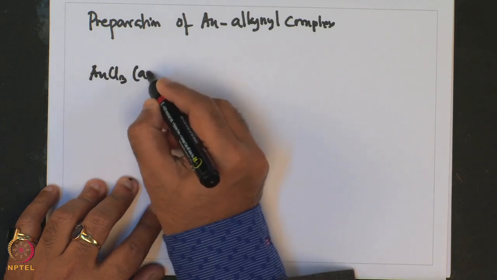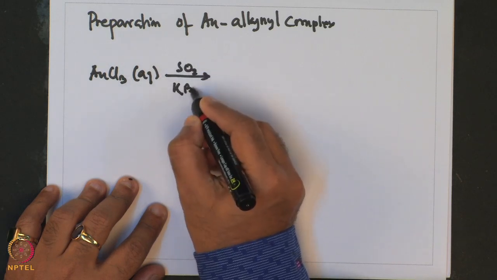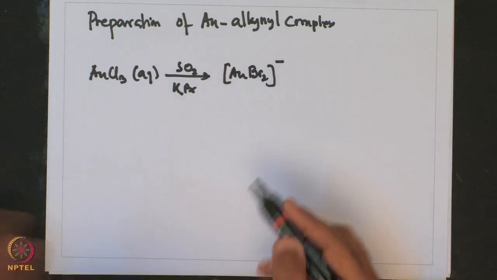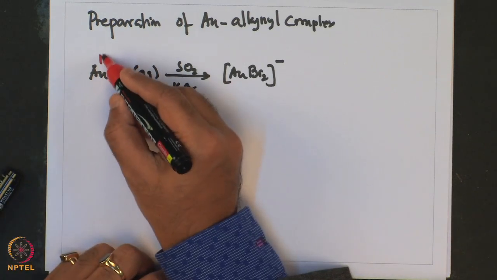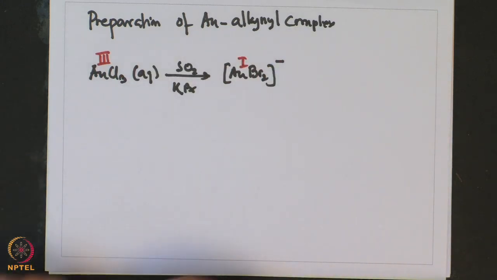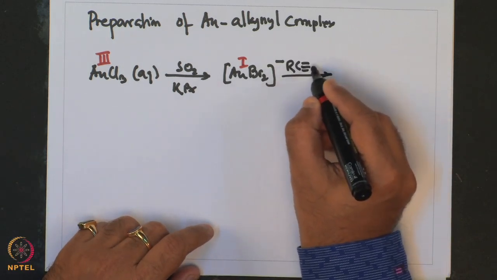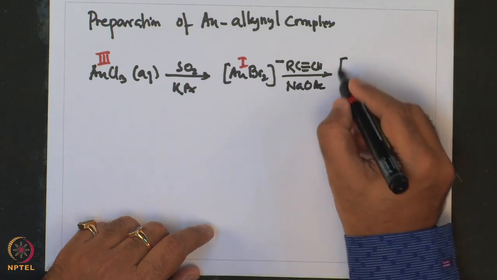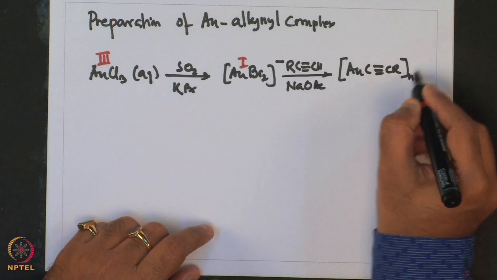AuCl3 in aqueous medium reacts with SO2 and KBr, giving AuBr2 minus, where gold got reduced from +3 to +1, and then it reacts with acetylene in presence of sodium acetate to give this polymeric gold acetylide complex.